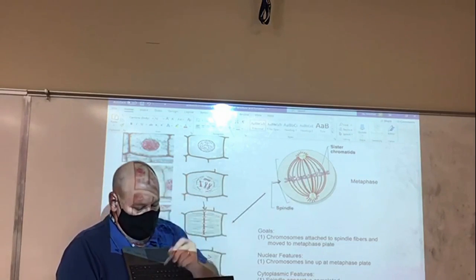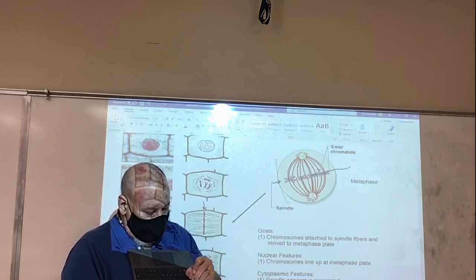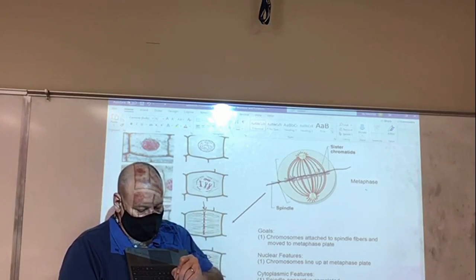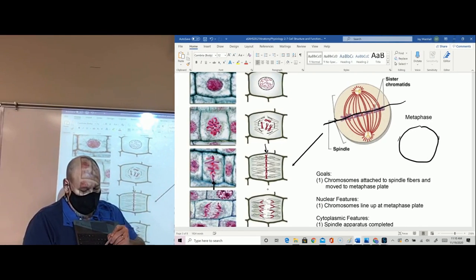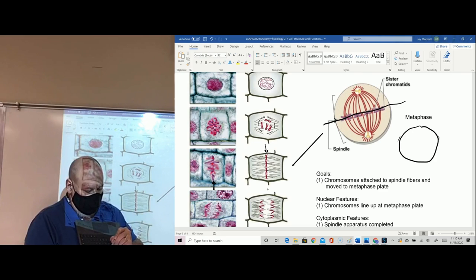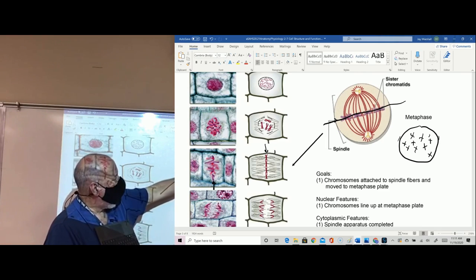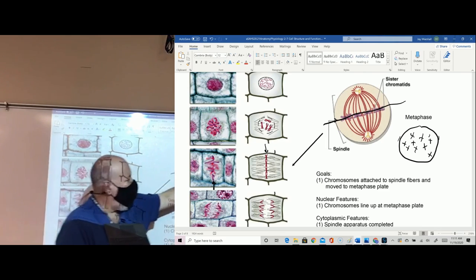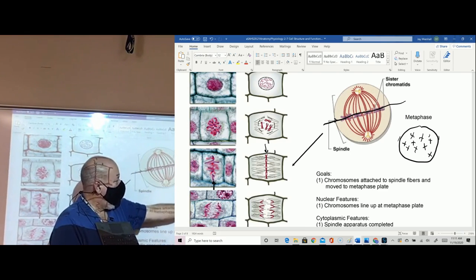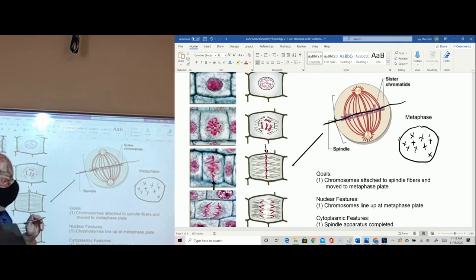Okay? So if I cut down the middle of the cell and look toward the end of the cell, I'm going to have chromosomes all over the place in a third dimension, right? If I look down on these, I don't just have chromosomes in a line. I have them in three dimensions all throughout that center.